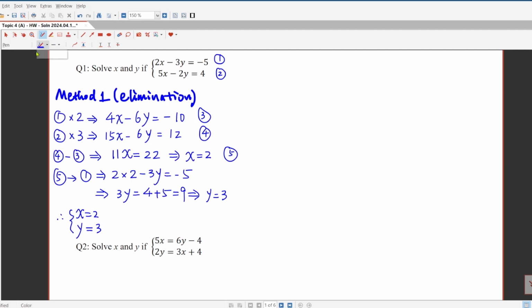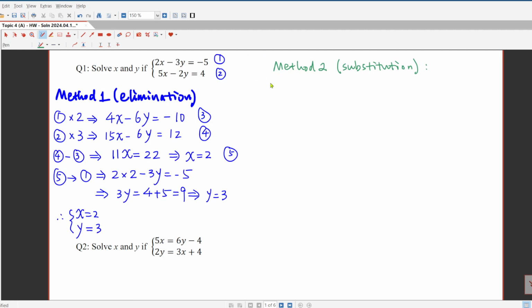And of course, you can also use the substitution method. So let's have a look at the other method we can use, which is called substitution. Well, in this method, usually you should solve one variable in terms of the other and substitute into the other equation.